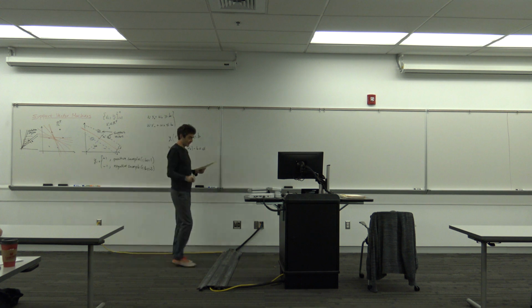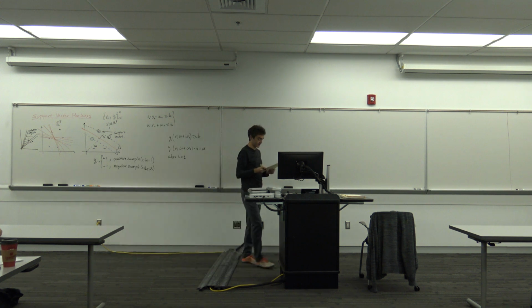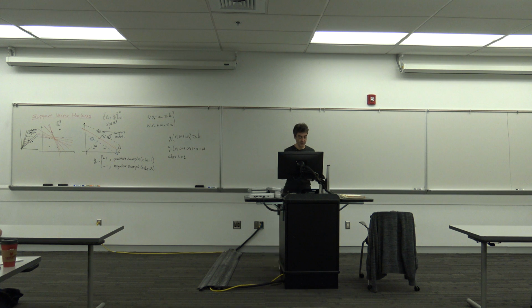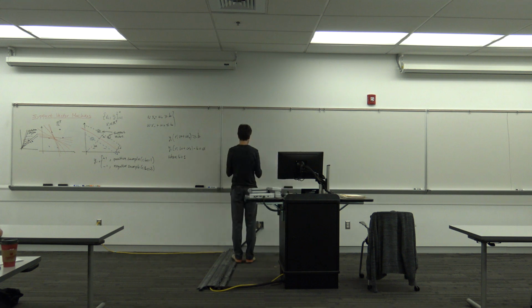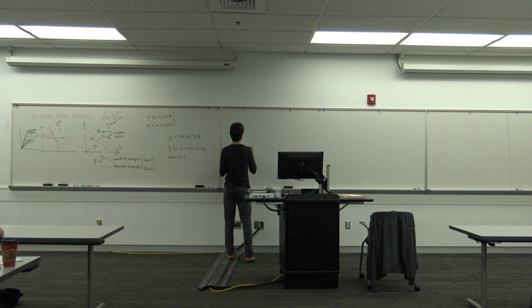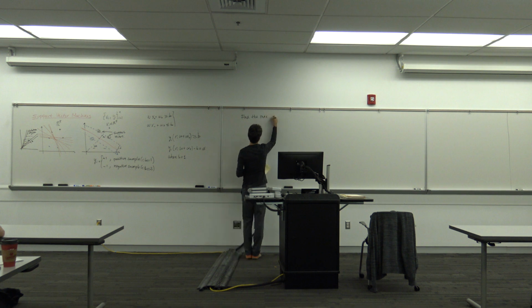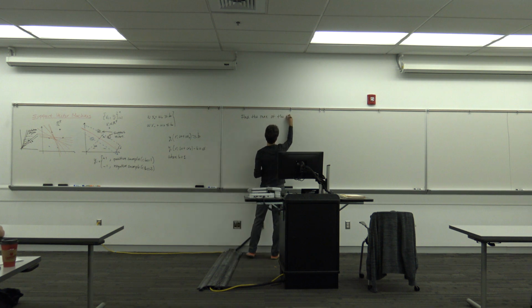So now we wish to maximize the distance between the positive and the negative samples. So to do so, we are going to find the maximum of the minimum distance.